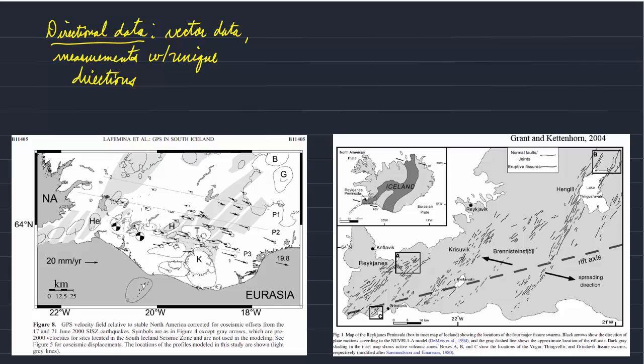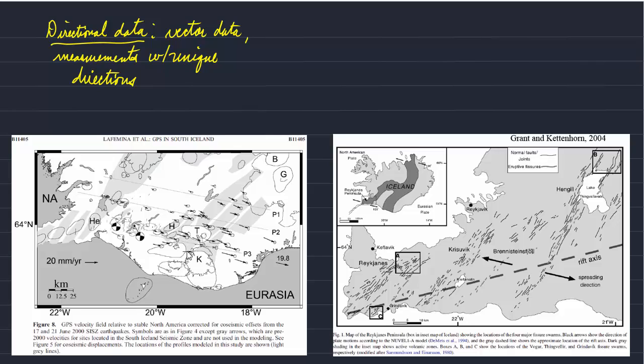And so the example I'm showing here are arrows of velocities measured by GPS stations from 1994 to 2003, and this is in southern Iceland. And they look to be oriented some 110 or 120 degrees clockwise from north. So you would describe these as having azimuths of 120 degrees. And of course, these data also have magnitudes that are important to the analysis.